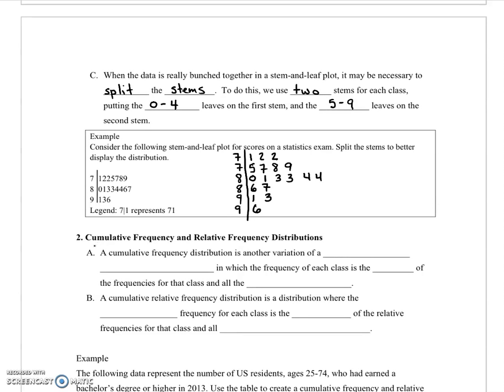Now let's turn our attention to cumulative frequencies and cumulative relative frequency distributions. So a cumulative frequency distribution is another variation of a frequency distribution.